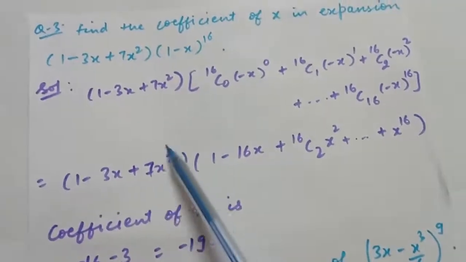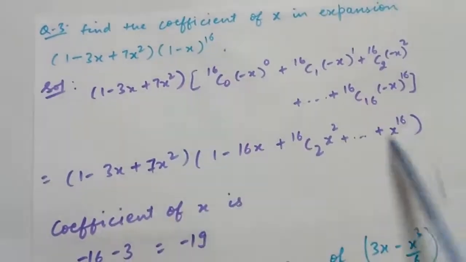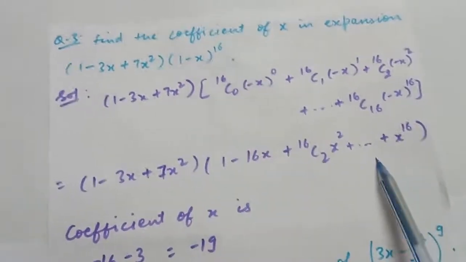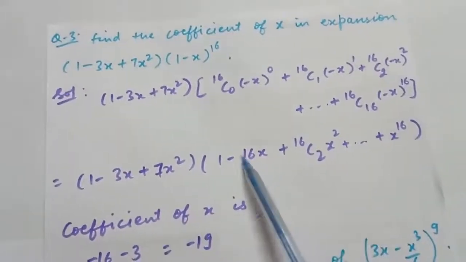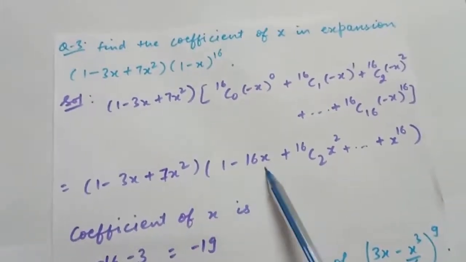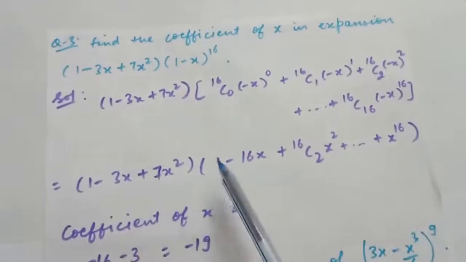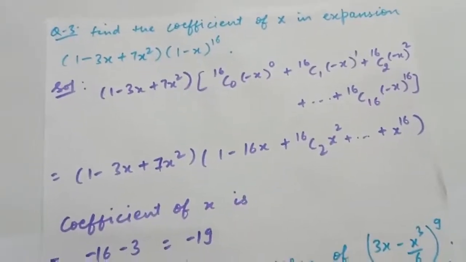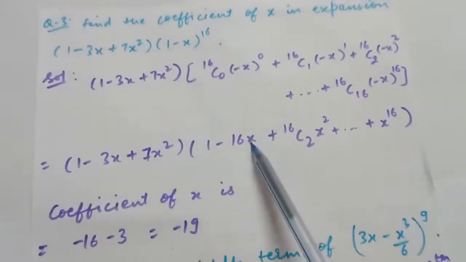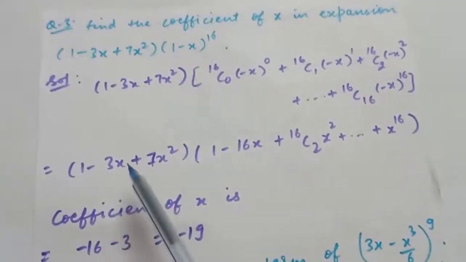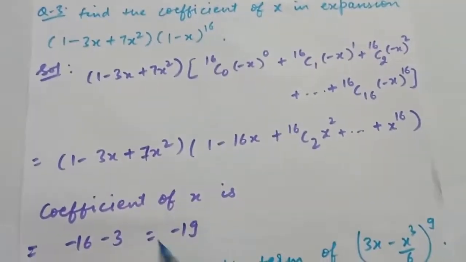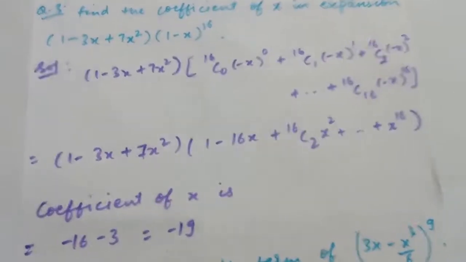Now see, if you multiply 7x² with any of the terms, you will get the power of x as 2 or greater, which we do not want. So only these two terms, 1 into −16x and −3x into 1, are the terms which contain x. So just take out the coefficient. 1 into −16 is −16 and −3 into 1 is −3. So you will get the answer as −19, which is the coefficient of x.